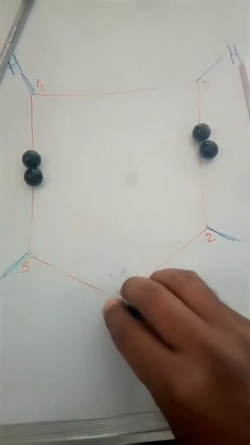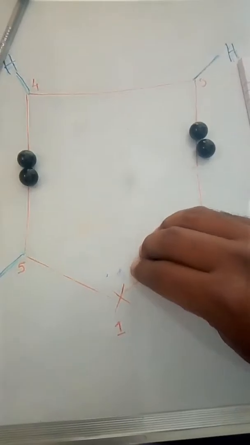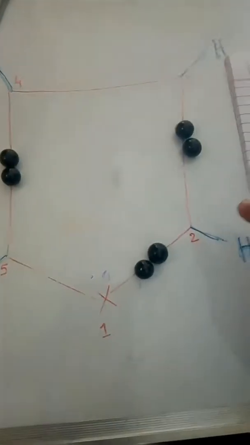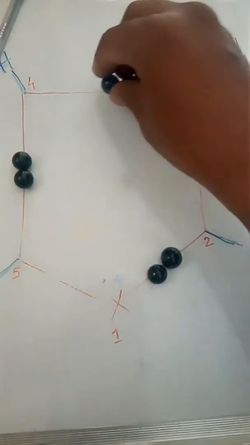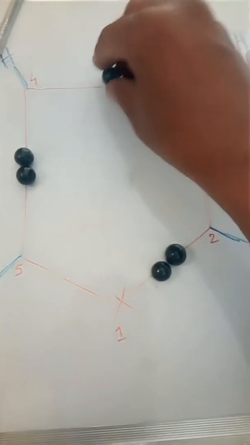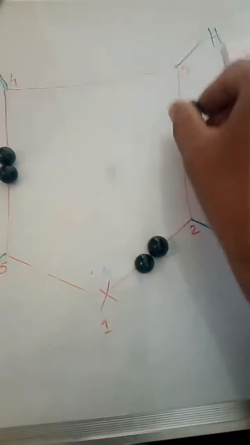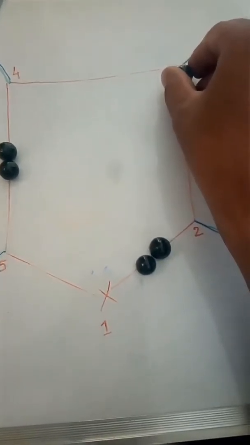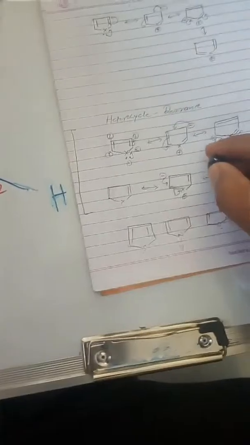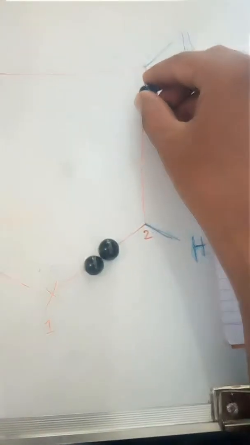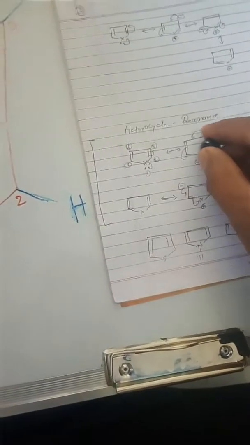It will share this electron with the second carbon, and therefore this pi bond will shift to the third and fourth. It is first making the third carbon negative. Then it will shift between the third and fourth carbon, making the fifth carbon negative.